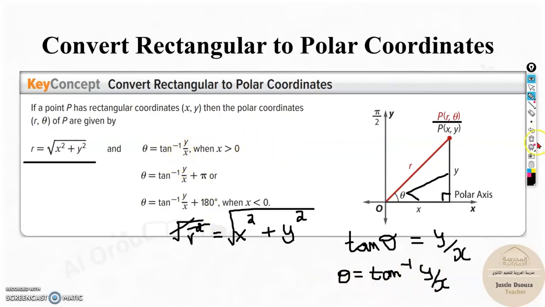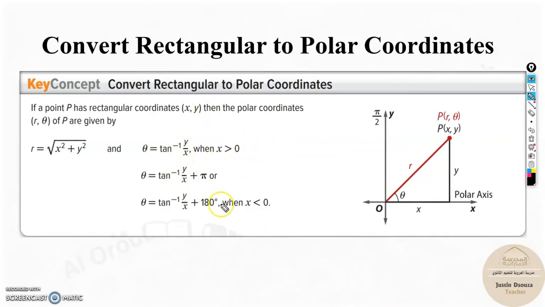But there is a condition in this case. Whenever we have x values greater than 0, that is positive, say 0.5, 1, 2, and so on, you have to just use this formula, tan inverse y by x.